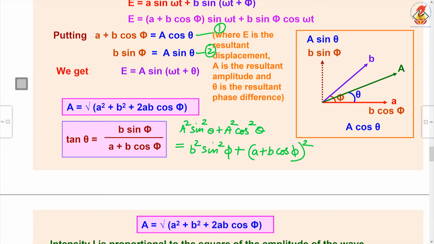The LHS can be written as A square into sin square theta plus cos square theta.